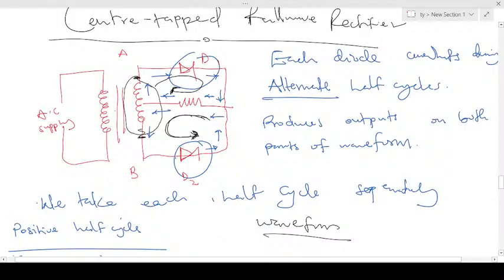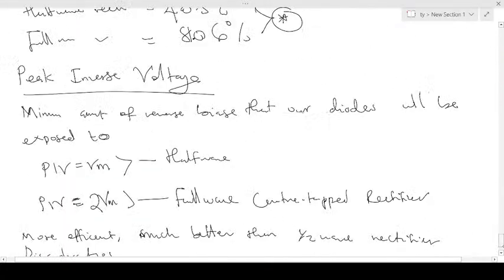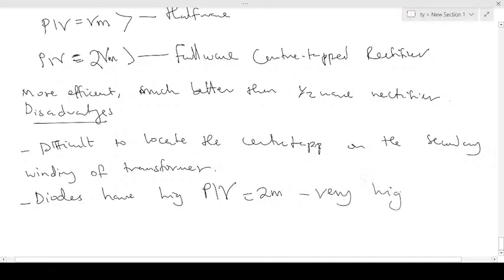Another disadvantage is that the diodes used have high peak inverse voltage. As you can see, our PIV is 2 VM, a whole 2 times our peak voltage.